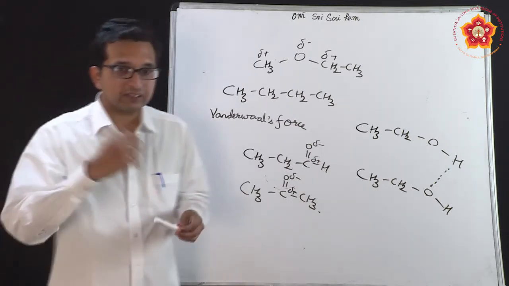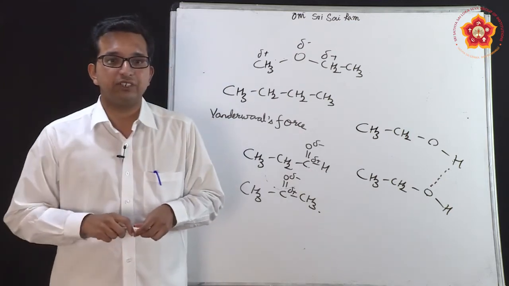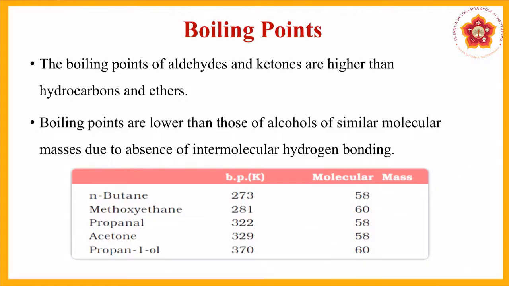So, seeing all this, let us once again see the variations in temperatures that we have, where starting with hydrocarbons we have 273, 281. These two are less because they only constitute van der Waals. Then you have aldehyde and ketone because of an additional dipole-dipole interaction. Then alcohol is very high at 370, the reason being the presence of hydrogen bonding.